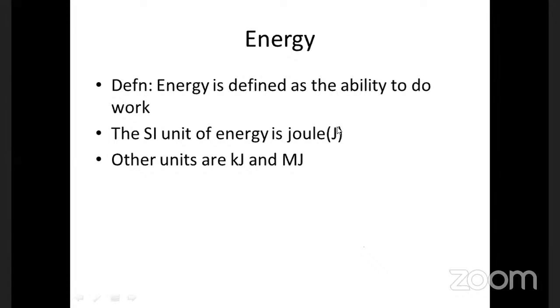What about in 1 megajoule? How many joules are there? 1 million. So in 1 megajoule, there are 1 million joules. Now, using the two relations, between kilojoule and joule, and between megajoule and joule, how many kilojoules are there in 1 megajoule?